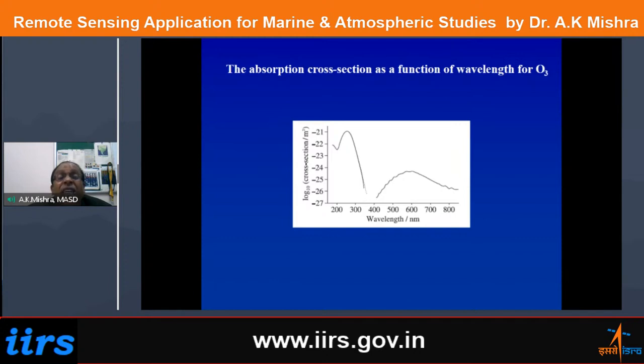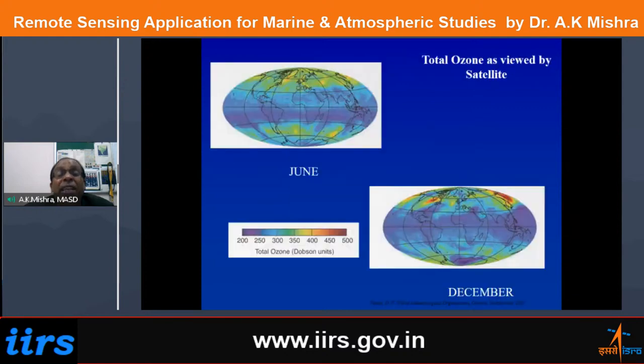And this is the absorption cross section of ozone, and you have the UV spectrum. And there is a difference between the visible wavelength range and the ozone cross section in the ultraviolet section. So utilizing this principle, you can find out the ozone concentration around the globe, and it is expressed in total ozone, means in Dobson units.